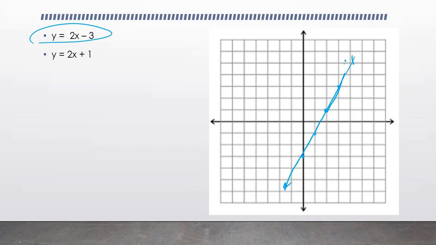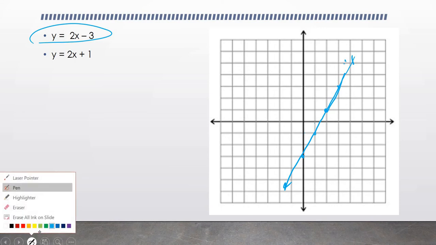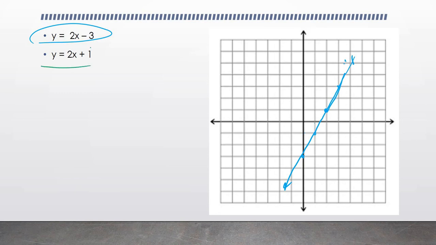Okay, and you really should be using a straight edge to graph these lines. And then we'll use green for the next one. Okay, y equals 2x plus 1, so I go up 1, and now I'm going to count my slope again, up 2 and to the right 1. And I hope you can see that these two lines are parallel. They do have the same slope. The slope of both of these lines is 2.